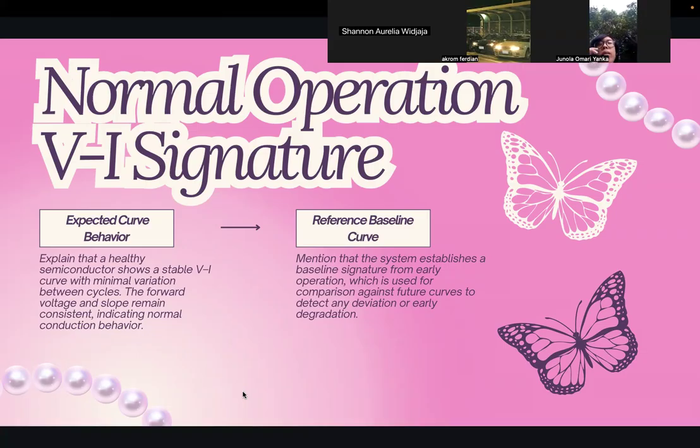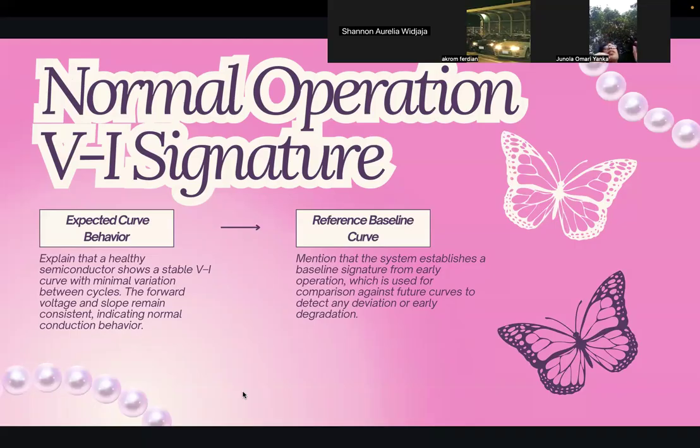And because there is an expected curve behavior, there's also a reference baseline curve. The system initially establishes a baseline signature from the early stages of operation, from t equal to 0.